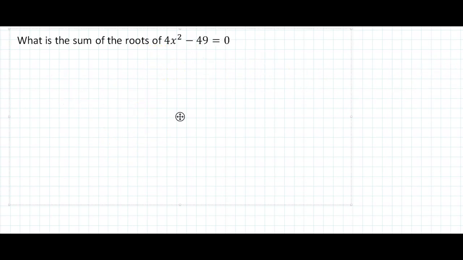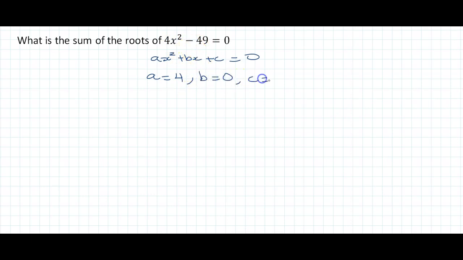Let's try another example. So we have 4x squared minus 49. So we're going to express our ax squared plus bx plus c equal to 0. You can see here that a is equal to 4. We don't have a value for b, so we're going to make that 0, and c equal to -49.